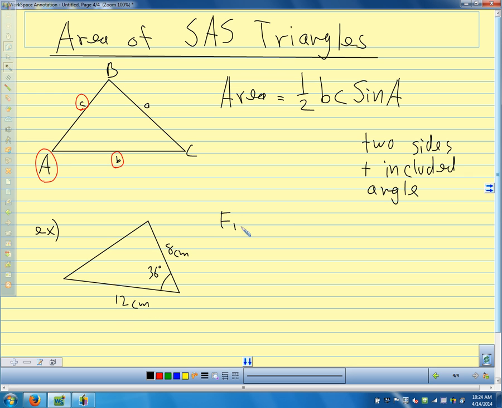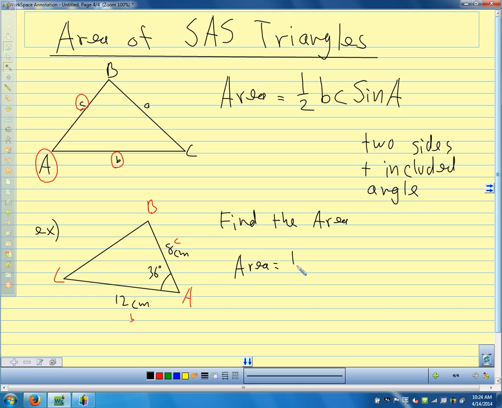And the problem asks us to find the area. So I'm going to label the sides of this triangle. I'm going to call this angle A, angle B, and angle C. That makes this side B, that makes this side C, and I can plug my numbers straight into my formula.